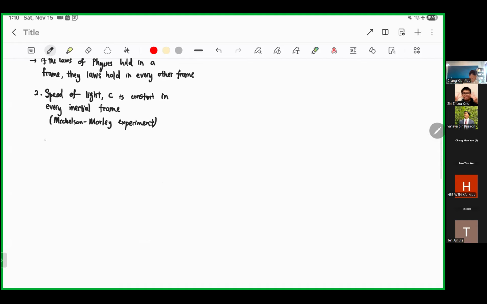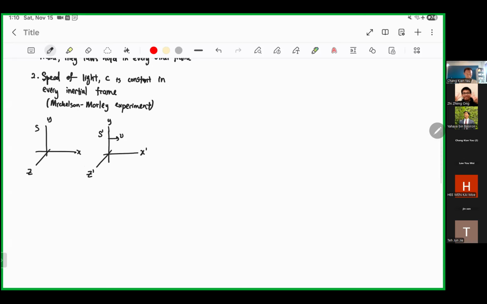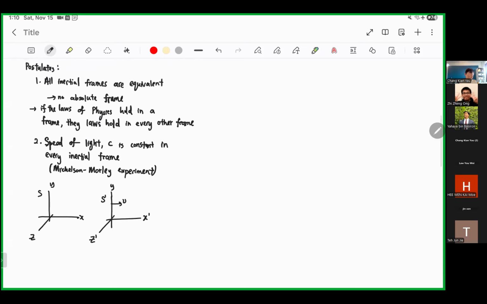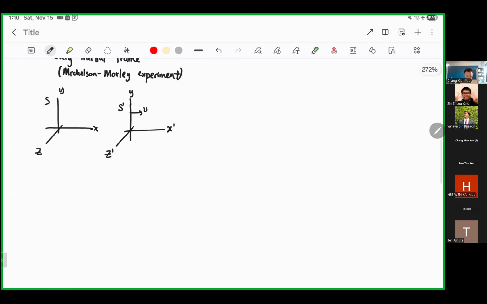Similarly, I'll define two inertial frames. You have S, and S prime is, as always, moving with a constant velocity v. First of all, we assume that the transformation is linear.